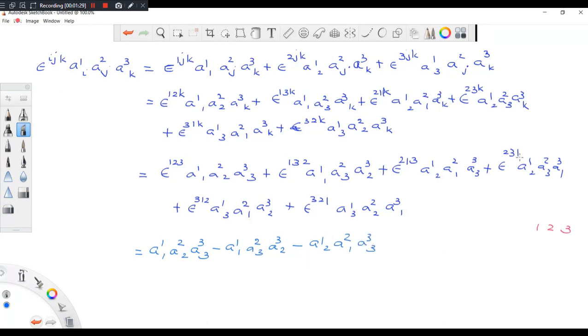2, 3, 1. Okay, so 2, 3, 1. What does one have to do? I have to make the first 3, 1 into 1, 3, and then 2, 1 once again.